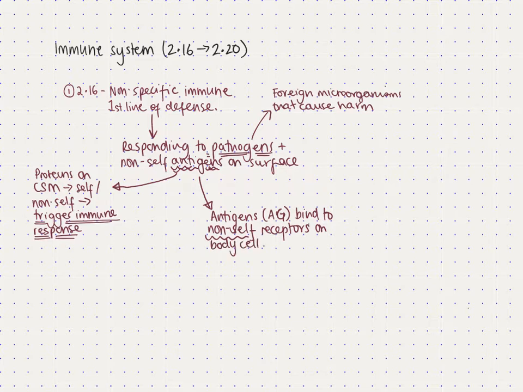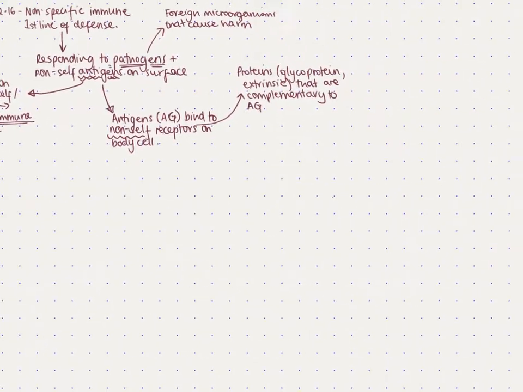Okay, and if you can't remember what a receptor is, if you think back to the beginning of topic 2, these are proteins, normally a form of glycoprotein, and they are normally extrinsic, so they're protruding out of the cell, that are complementary to the antigens. Okay, complementary to another molecule, but in this case we are talking about those antigens binding to them. Okay, so now we've got that binding, we've got a little bit of a cellular response to begin with.